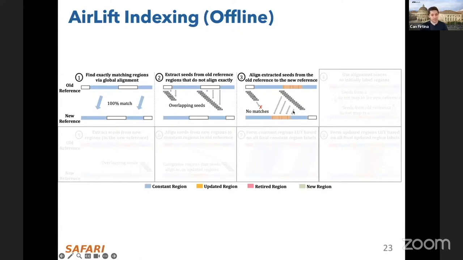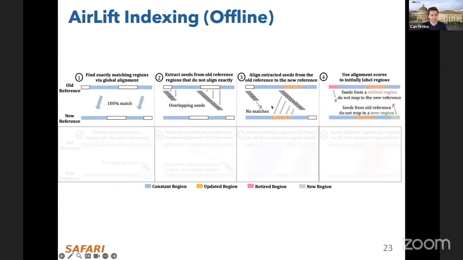And after this step, there are still going to be some regions where the seeds are not going to be aligning in the new reference genome. For those regions, if the seeds in the old reference genome cannot align anywhere in the new reference genome, then the region from which we extracted those seeds should be labeled as the retired region, because apparently that particular region no longer exists in the new reference genome.